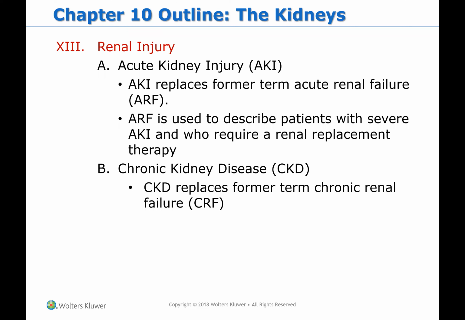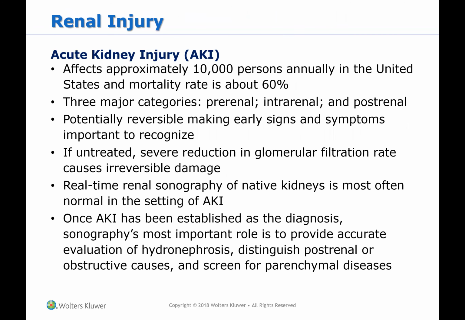Acute kidney injury is replacing the former term of acute renal failure. Chronic kidney disease replaces the former term of chronic renal failure. So we kind of changed the game on what we're calling it now.